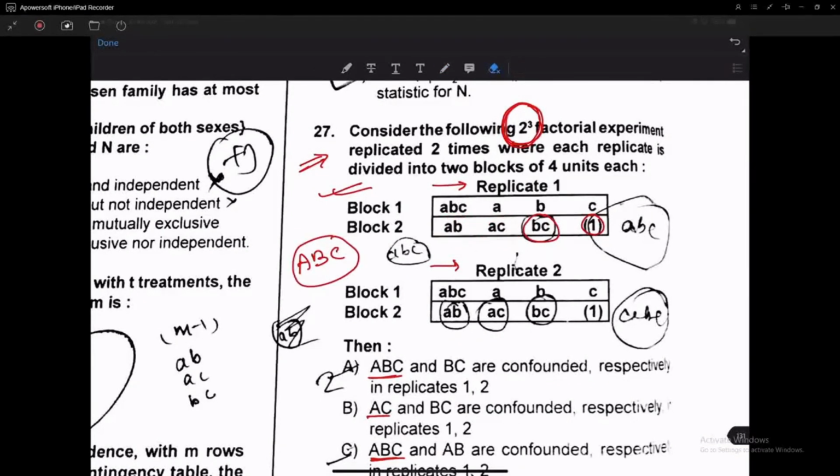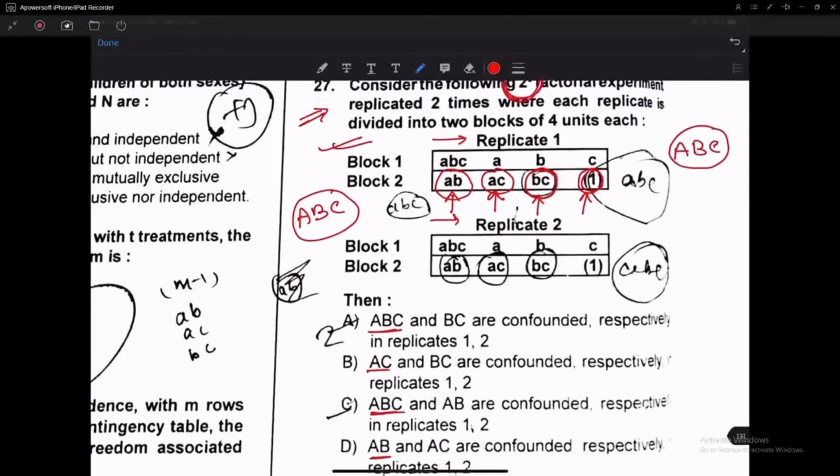ABC has an even number of common members with AB, with AC, and with BC, and ABC has no common member with 1. That means ABC has an even number or no common member with the key block. So in replicate 1, ABC is being confounded.